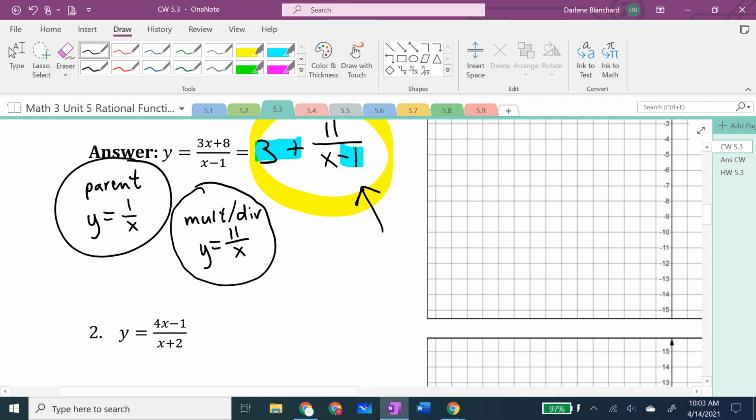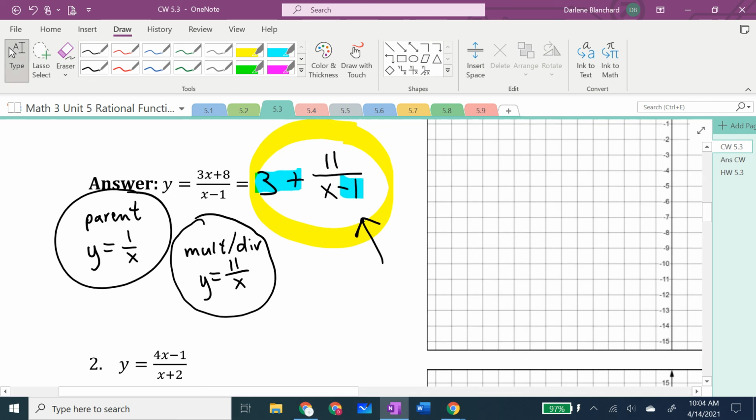And then lastly, in step 3, if I am adding to the function itself, I am moving it vertically with the operation I see. I see a positive 3 being added. So that means that this graph will be moved up 3 units. And then stay awake, stay with me, I know.